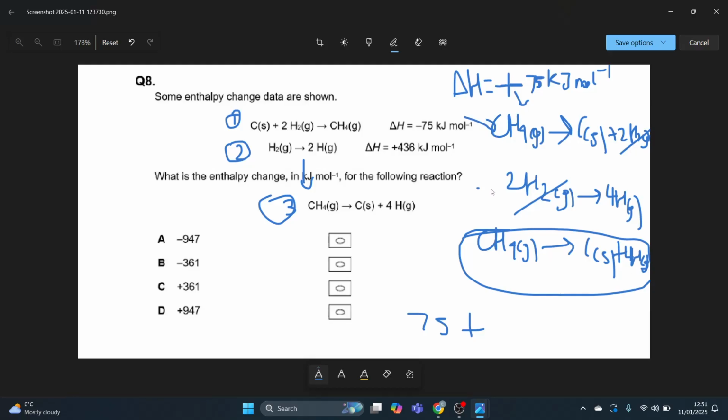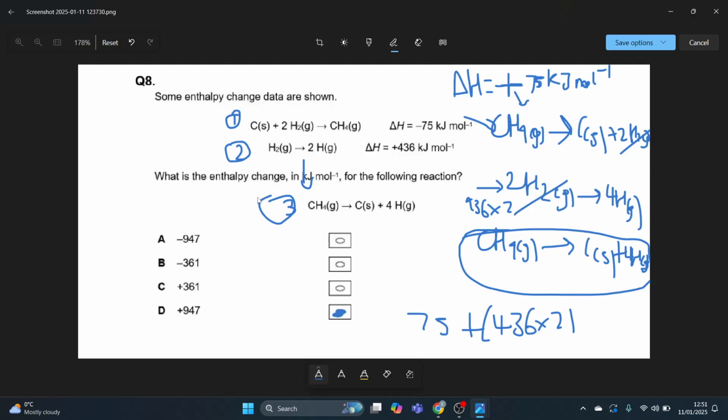The enthalpy change for this is 436 times 2, and all I'm doing to these two equations is adding them up. So surely that's all I do. All I do is add these two equations up, therefore I'm adding the delta H's. So add 436 times 2. 75 plus 436 times 2, 947 positive.